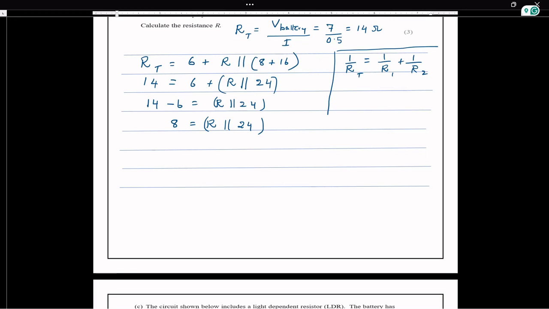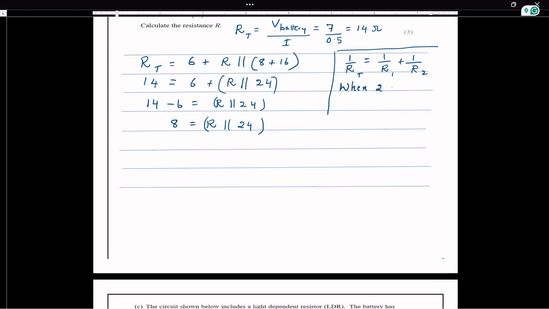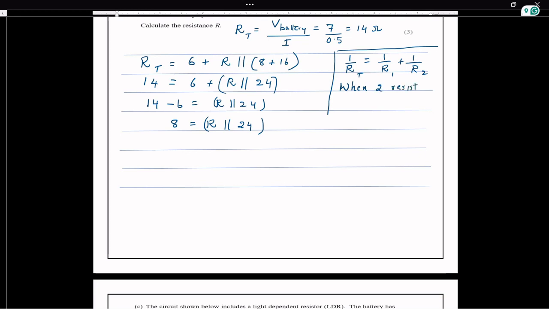And I can give you an easy way to calculate when two resistors are connected. This is a method exclusively for two resistors in parallel.